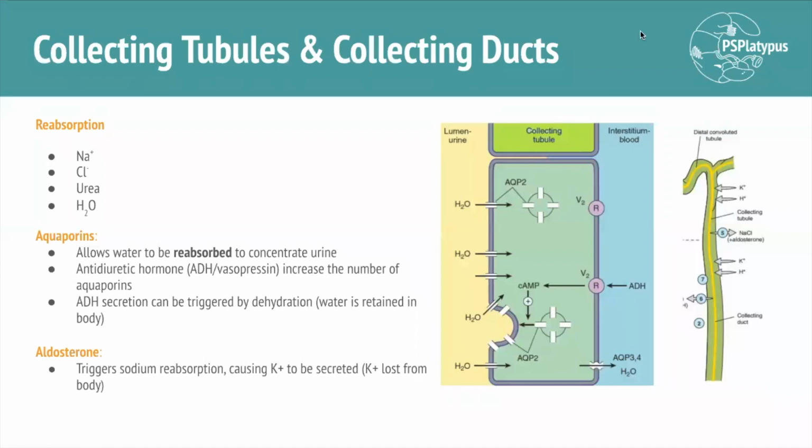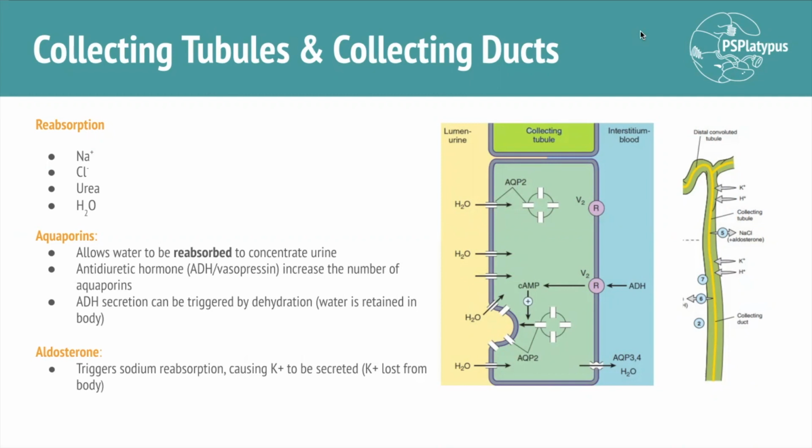All right, next we have the collecting tubules and the collecting ducts, which have similar functions as the distal convoluted tubule, reabsorbing our sodium chloride and our water molecules, in addition to urea. Aquaporins are a specific protein channel found only in the collecting ducts and tubules of the nephron and allow for the reabsorption of water.